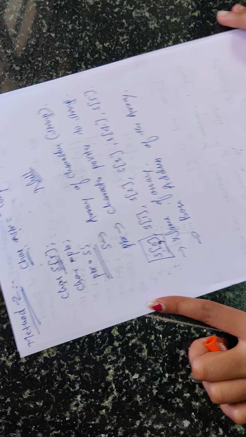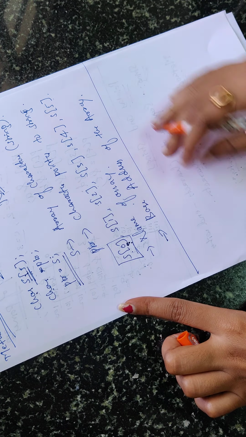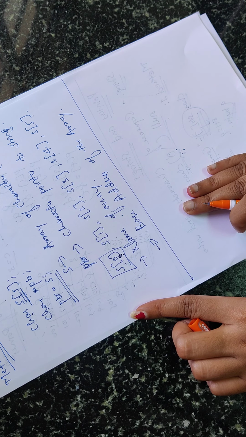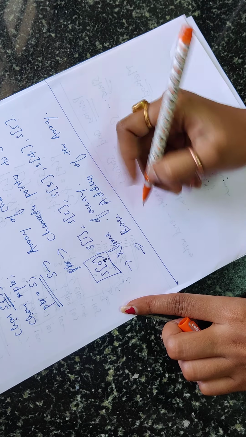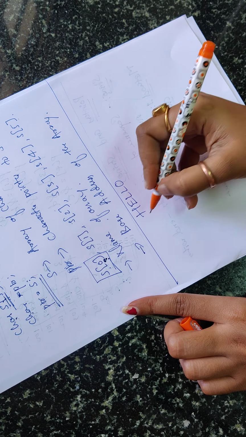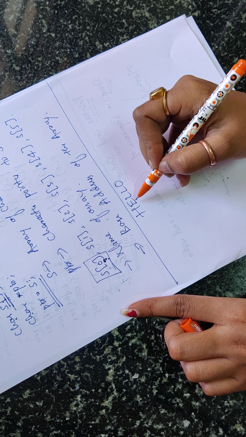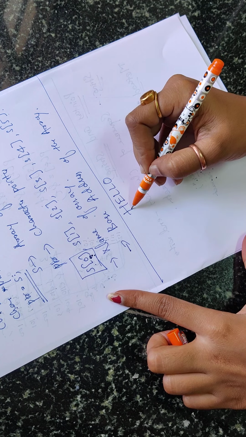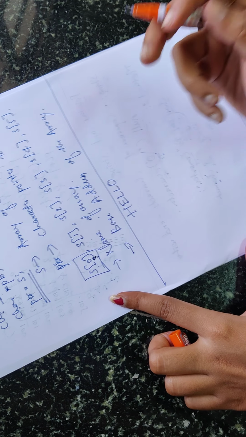So we'll see one example now. Let us consider a string constant, the word hello. How many characters are there in the string constant? 1, 2, 3, 4 and 5. 5 characters.